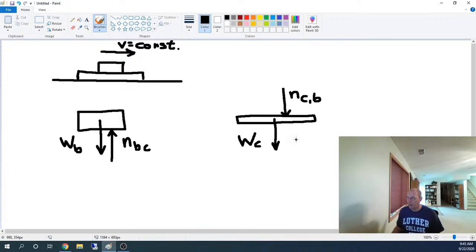So I'm going to call that the normal force, and it's upward, because that's the support of the parking lot. This is going to be the normal force on the cushion due to the ground or the ice. So these are the forces that act on the cushion.